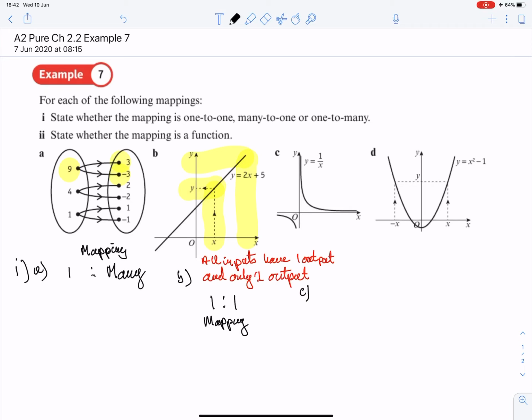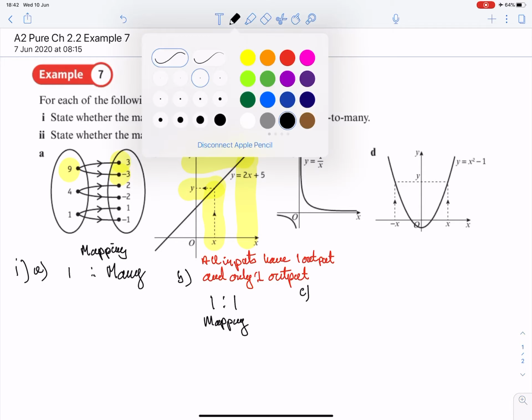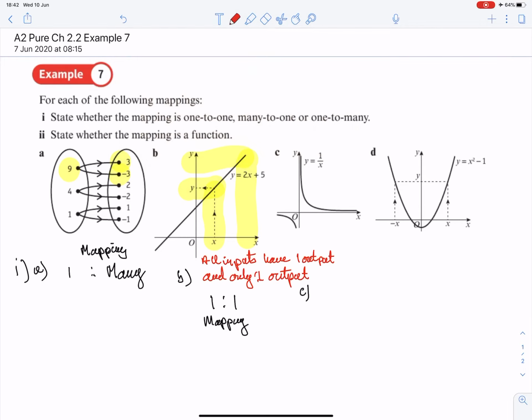C. We have the same idea. Each input has an output, and again that's one to one.